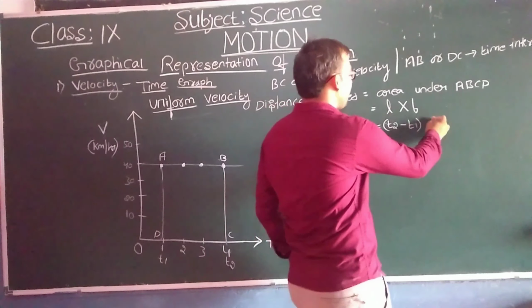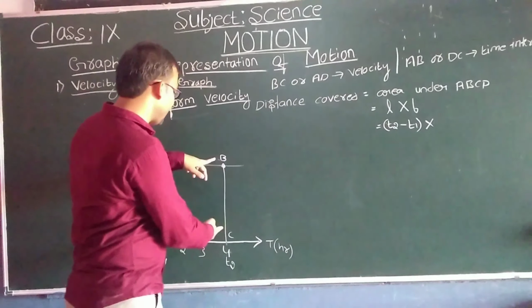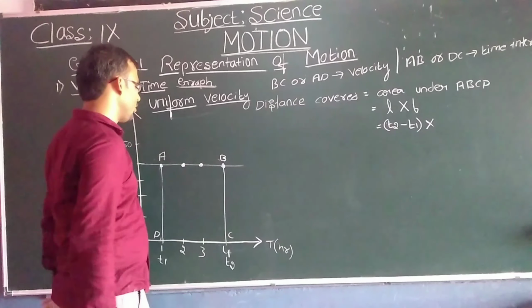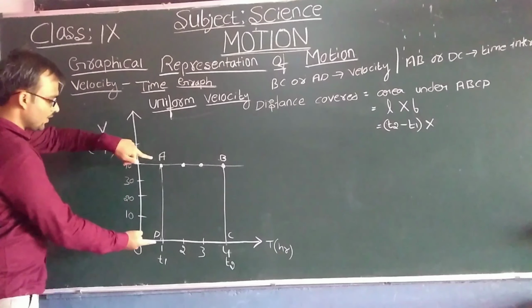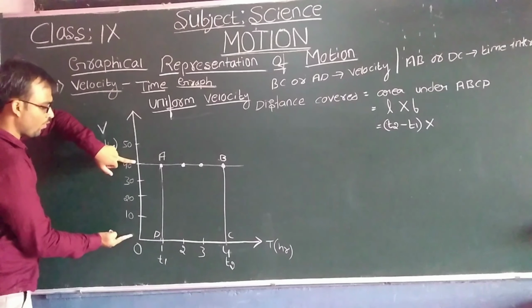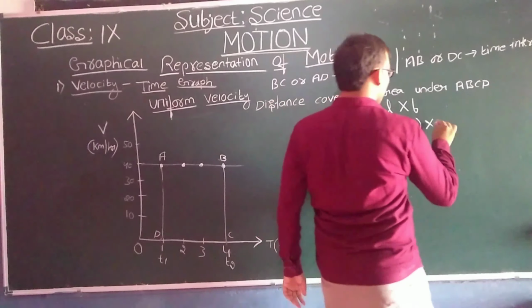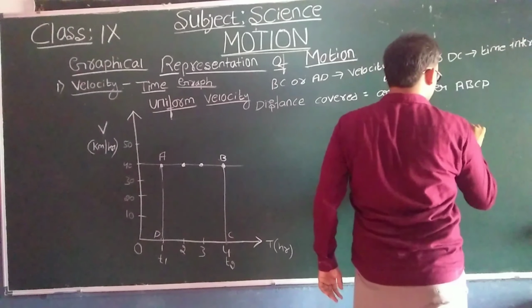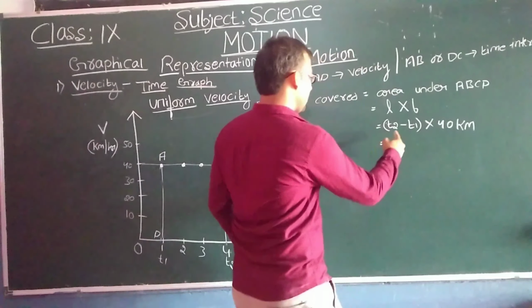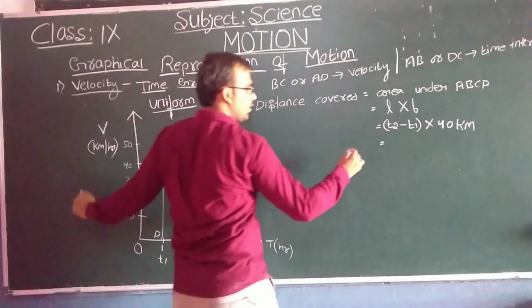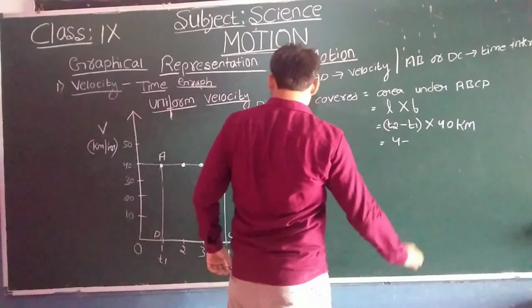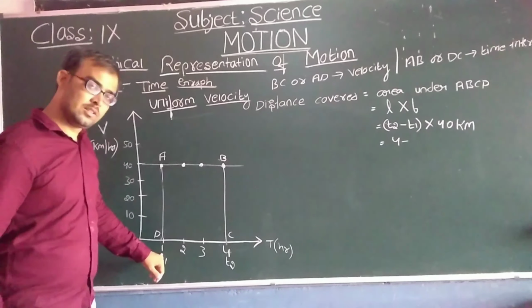The breadth, this height, is BC, which is 40 kilometer per hour. Look here, this AD or BC represents 40. We have taken t2 as 4 and t1 as 1.